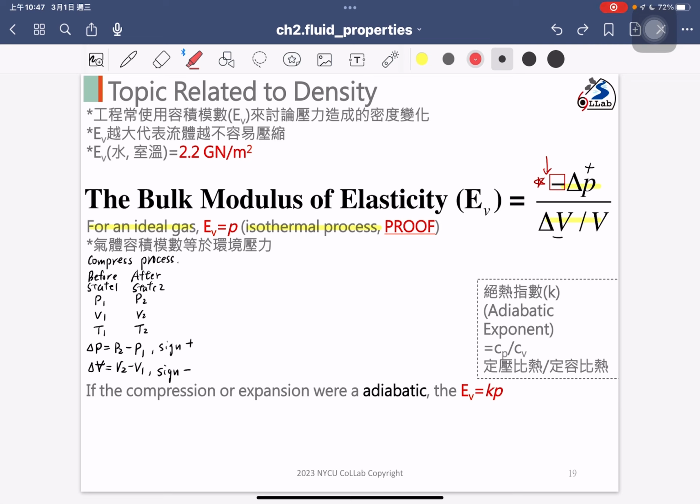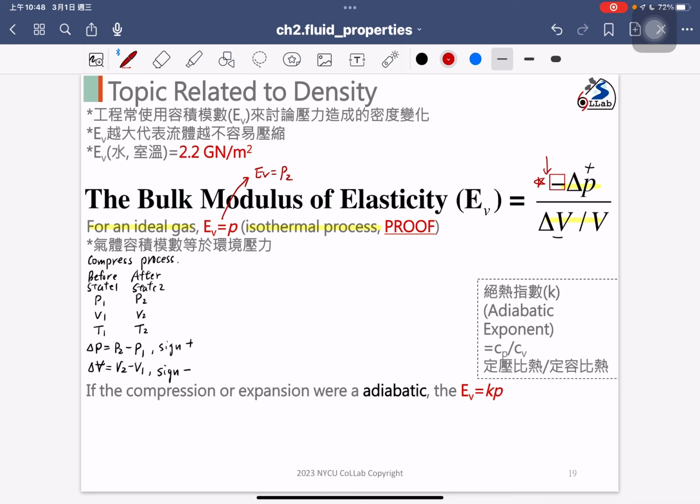P is the environment pressure. In other words, EV will equal P2, because P2 is our final environment pressure after the compression process. So here I want to prove the equation EV equals P2.